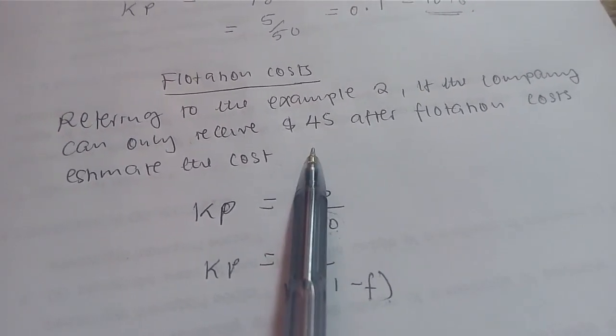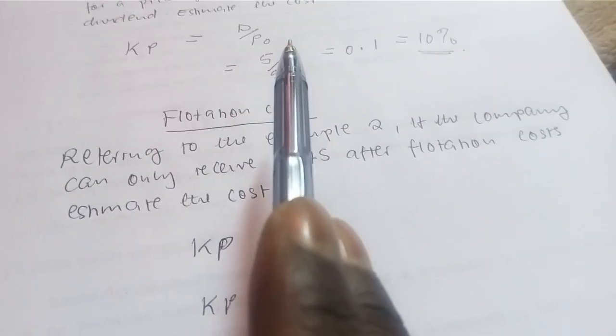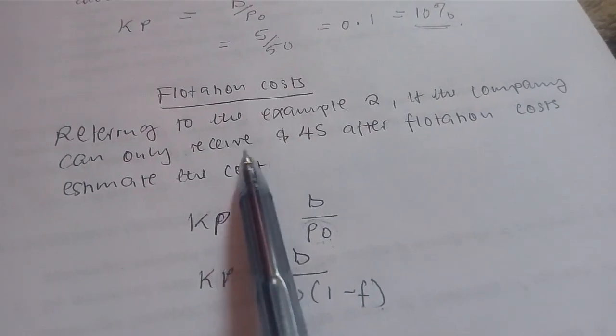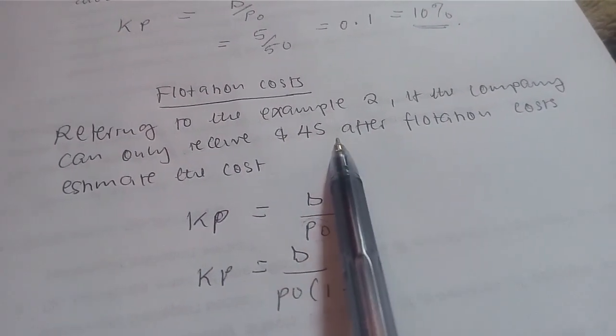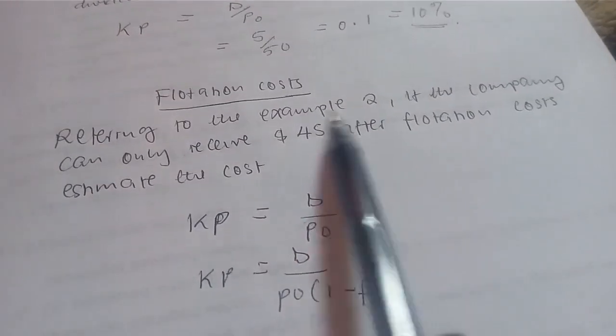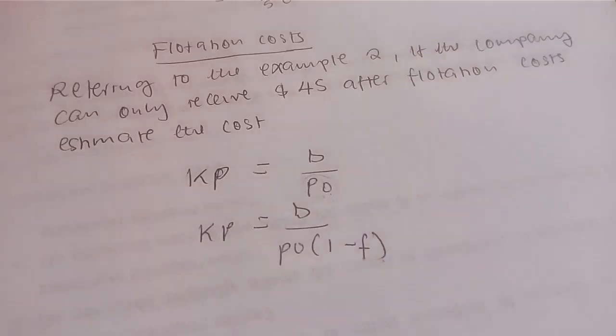So in this second scenario, we refer to the previous example where the initial price before flotation was $50, and now after the flotation we've been given $45, and everything remains the same, the dividend of 5 kwacha. Then we've been told to find the cost.